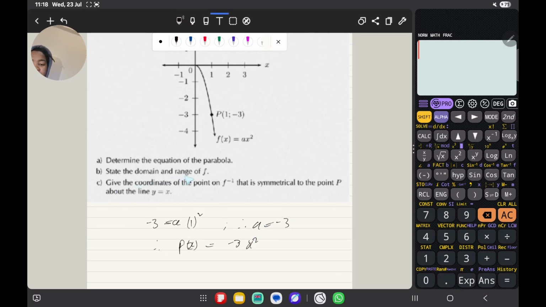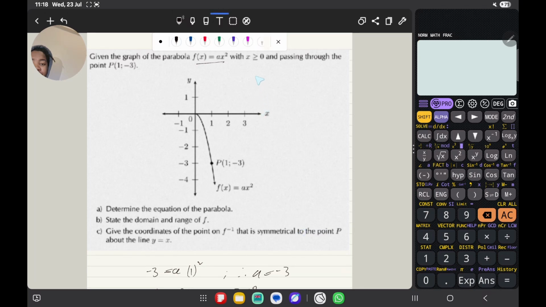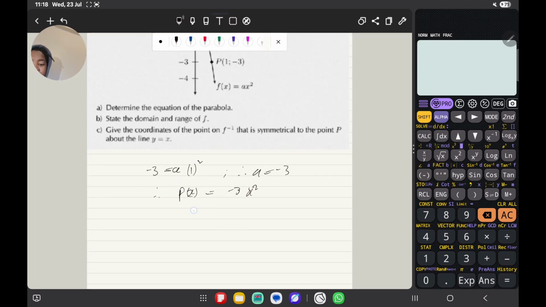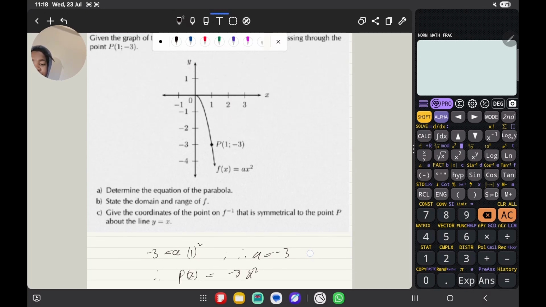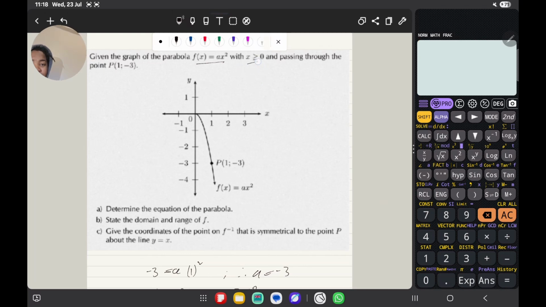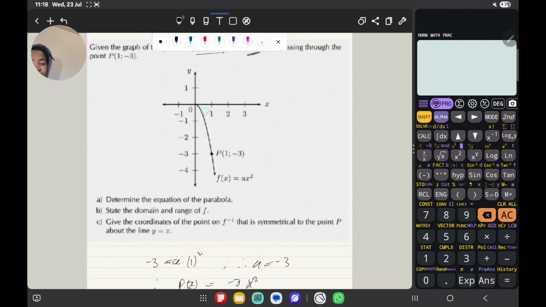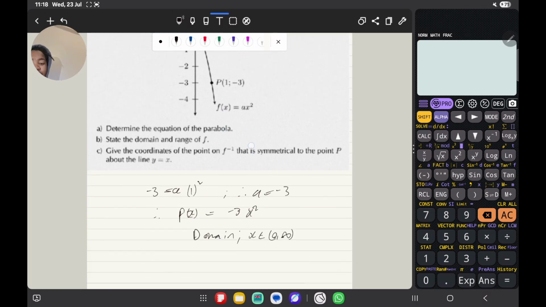And then they say state the domain and the range of this function. So for the domain, it will be from 0 to positive infinity, because they're saying that x is greater than 0, so that's the domain. And then for the range, we are moving from 0 going downwards.